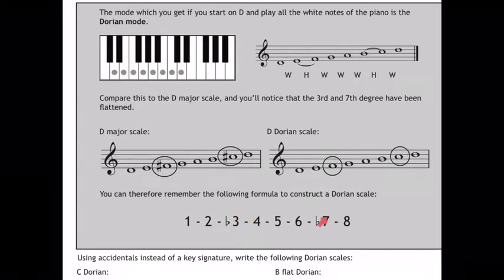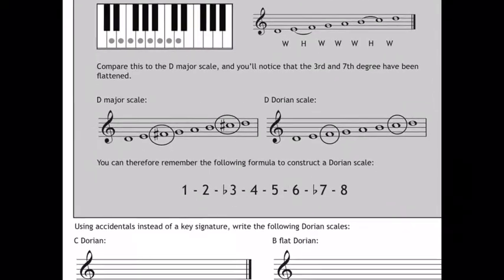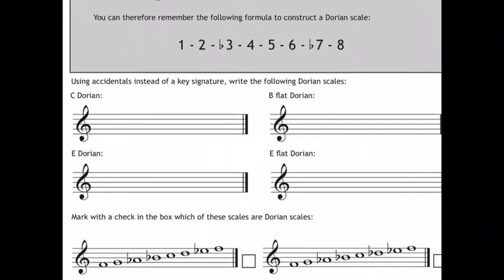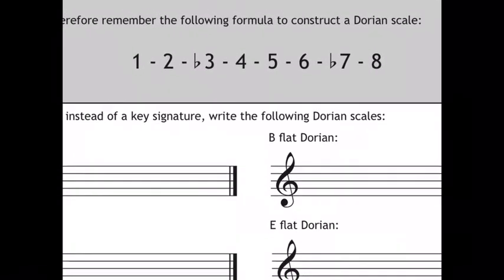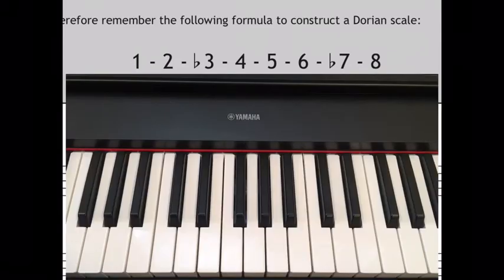The 3rd and 7th scale degrees of a Dorian scale are lowered out of the major scale. And this works for any key signature. Doesn't matter which key signature you're doing, it applies. Now, just like before with the Mixolydian mode, I'm going to move this up so we can see the keyboard, and you can visualize exactly how this works in many different keys.